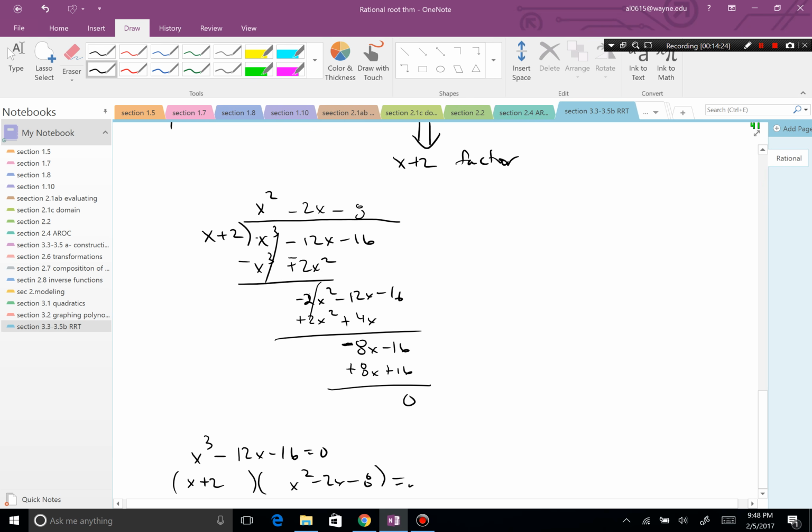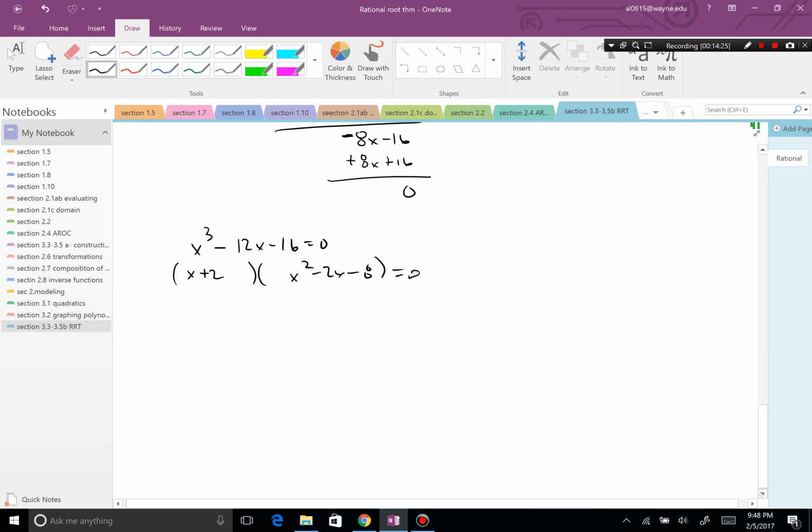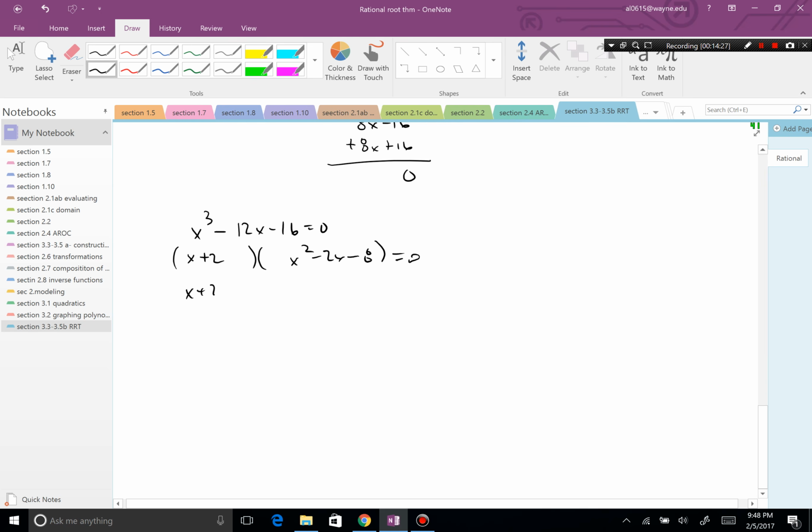And good news, this gives you what? x plus 2. And this thing factors x plus 2, I think, x minus 4, which gives you x equals negative 2 and x equals 4.